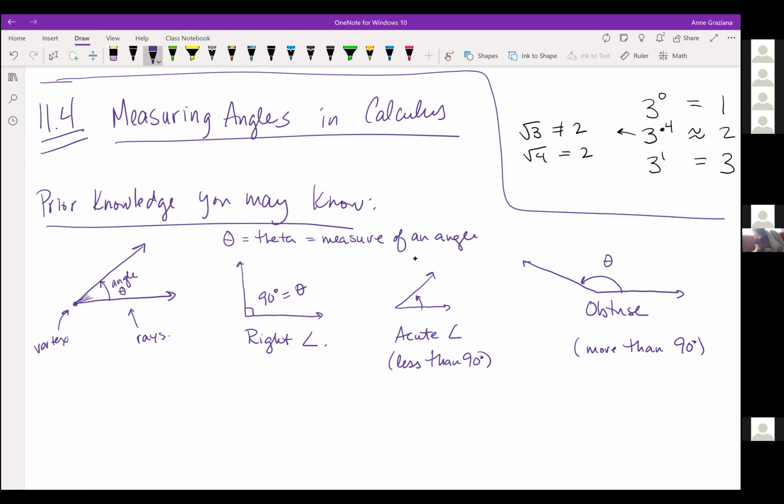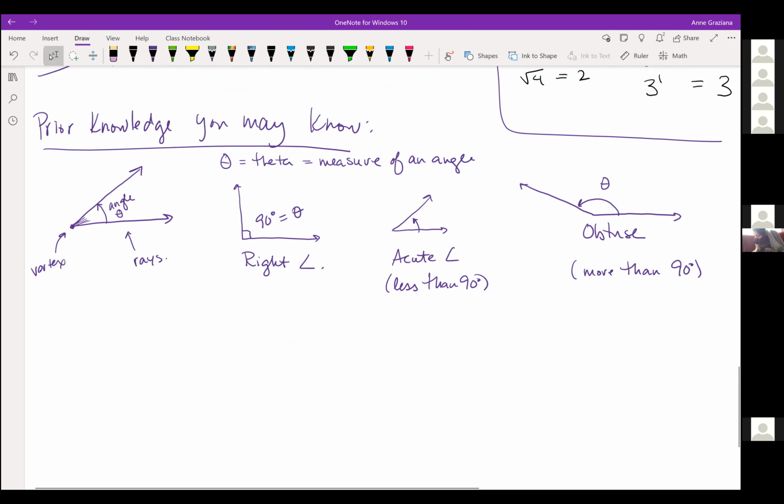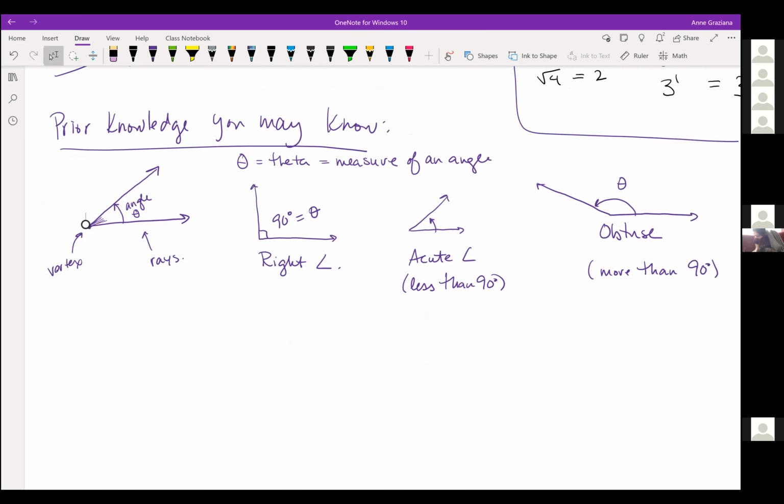Unfortunately, we don't use any of those words pretty much in calculus. I mean, it might come up a little bit. Right angles, we talk about right angles all the time, but acute and obtuse, that's more like high school geometry. All right. So what we want to do is look at angles on the unit circle. And these are measured in a new type of measurement called radians.